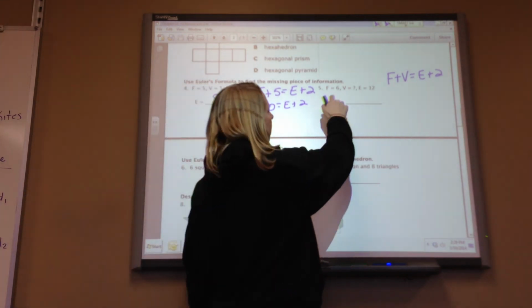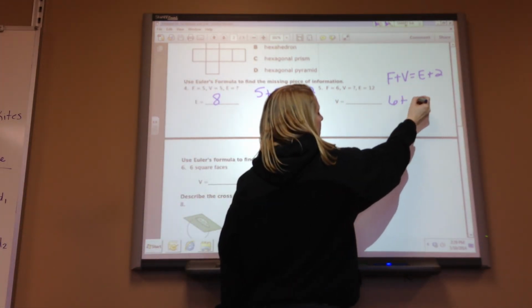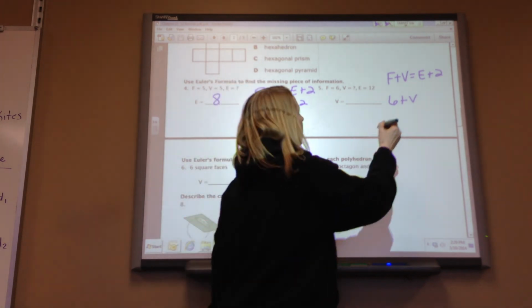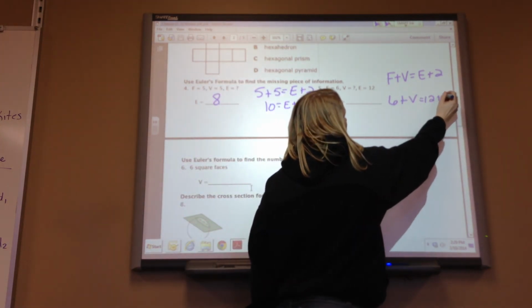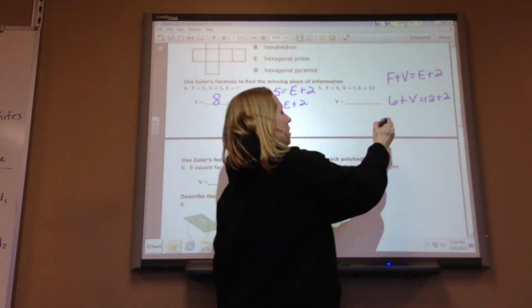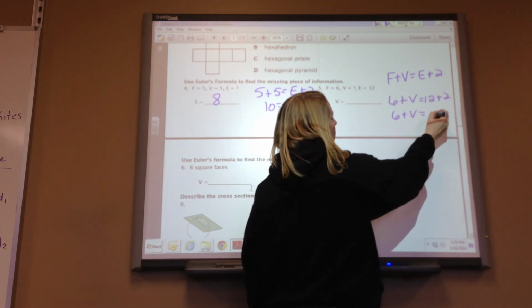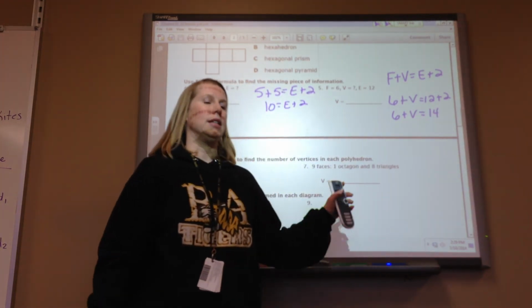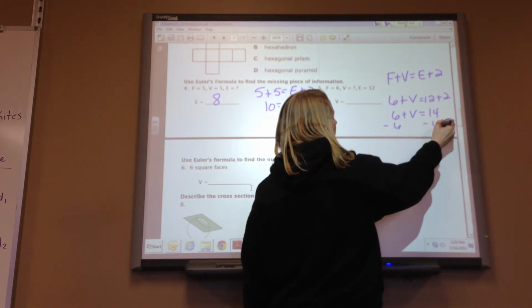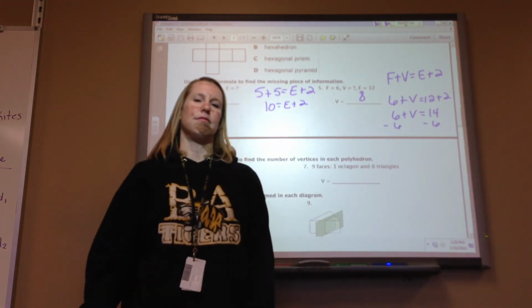So this one, same thing, faces is 6 plus vertices, I don't know the vertices, equal edges 12 plus 2. So 6 plus v equals 14, minus 6 on both sides, and you get 8 again.